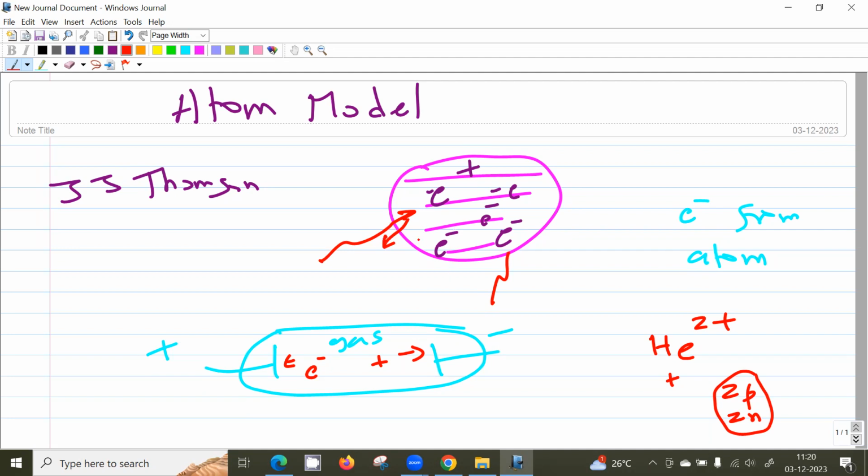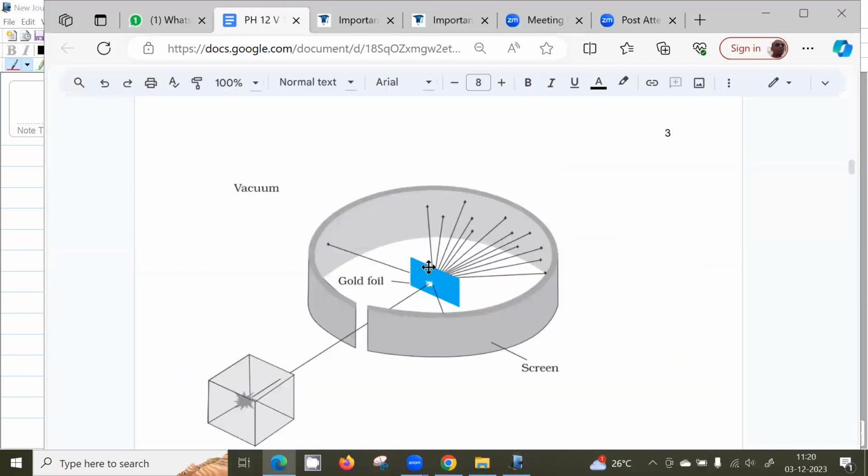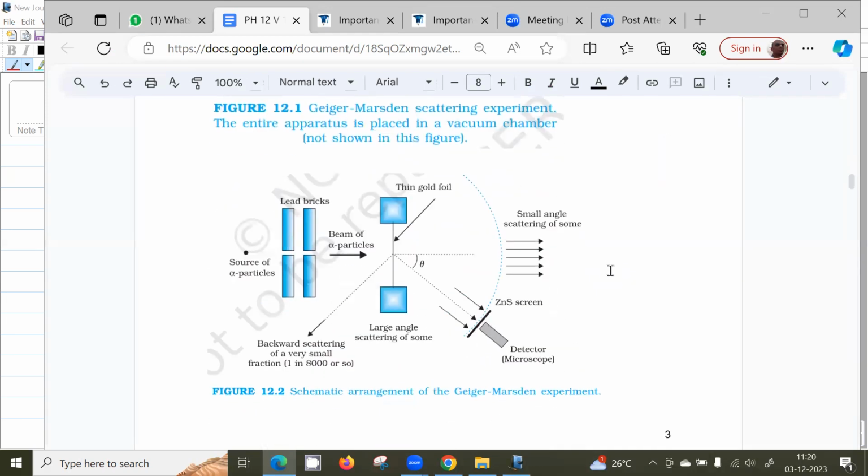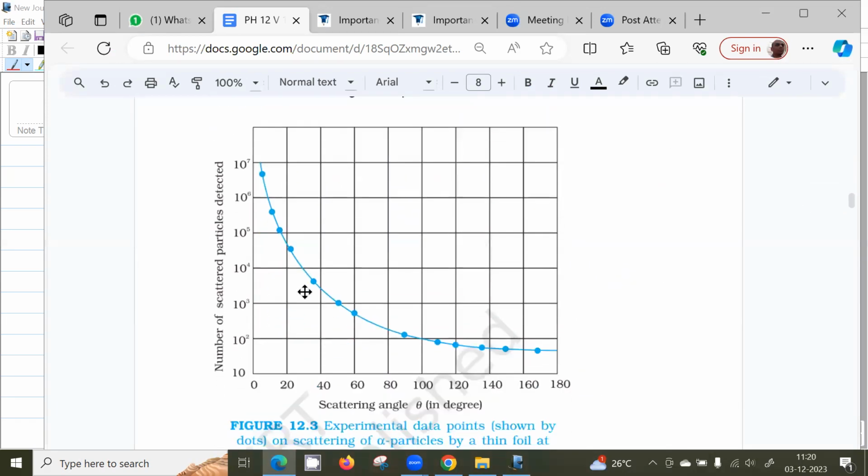But the experimentally observed fact was that most of the alpha particles went straight through. Only a few of them got deflected by a large angle. If you draw the distribution of the scattering angle of the alpha particle, which is a positively charged particle, most of the alpha particles get deflected by a small angle.